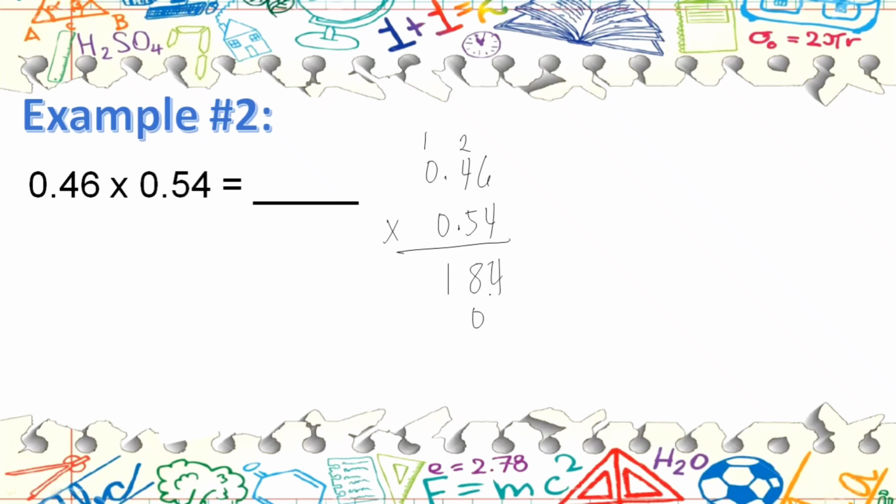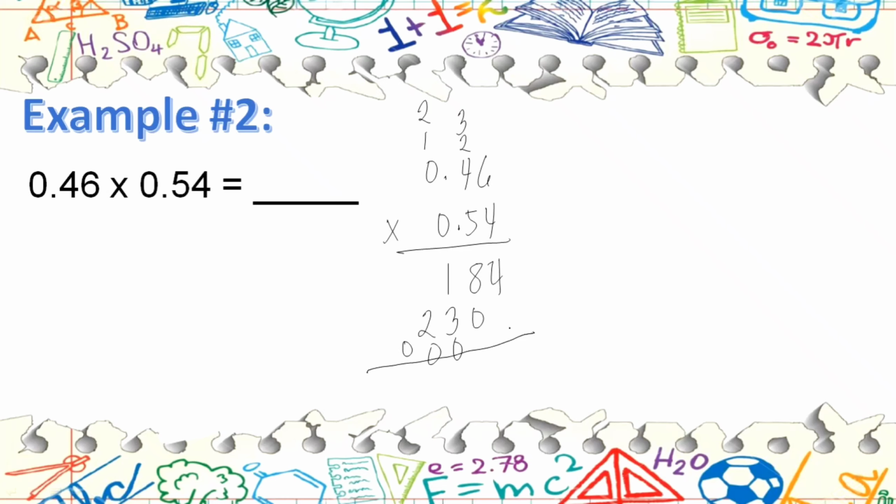So, we have 0, carry 3. 5 times 4, that is 20, plus 3, that is 23. So, we have 3, carry 2. 5 times 0 is 0, plus 2, that is 2. Next, any number multiplied to 0 is 0. So, 0 times 6 is 0, 0 times 4 is 0, and 0 times 0 is 0.